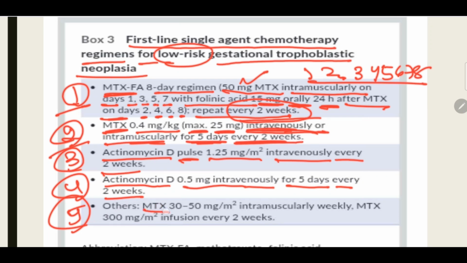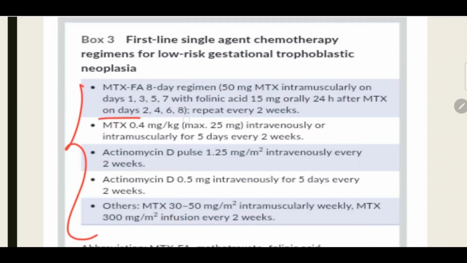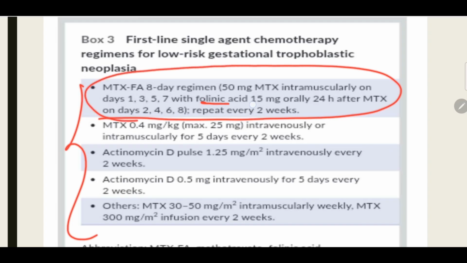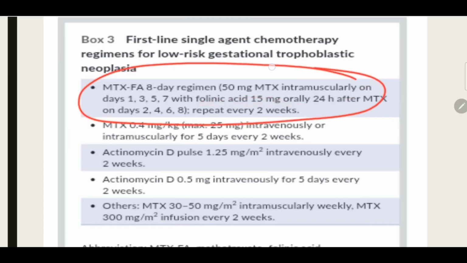Other option is methotrexate 30 to 50 mg per meter square intramuscularly weekly or methotrexate 300 mg per meter square infusion every 2 weeks. This regimen is more preferred, and in all situations folinic acid tablet is not available everywhere, so you can give injection, but this is the updated guideline. You can give folinic acid orally 24 hours after methotrexate injection.